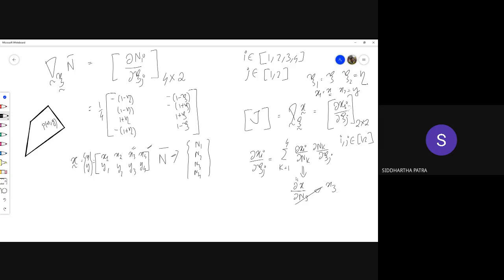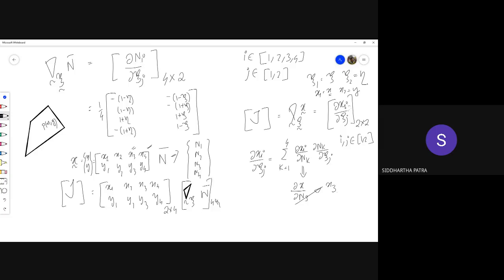Okay, so ultimately what you will see is it is going to be this matrix times the gradient of n matrix. J is basically this matrix. So it is 2 cross 4 and it is going to be 4 cross 2.